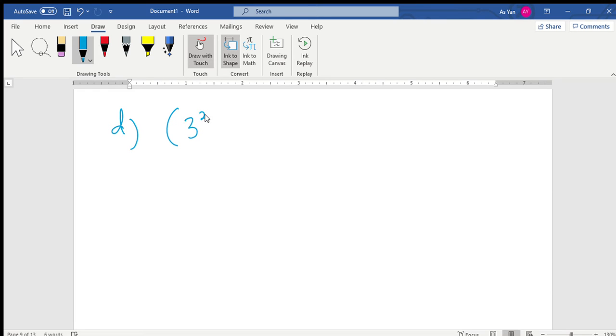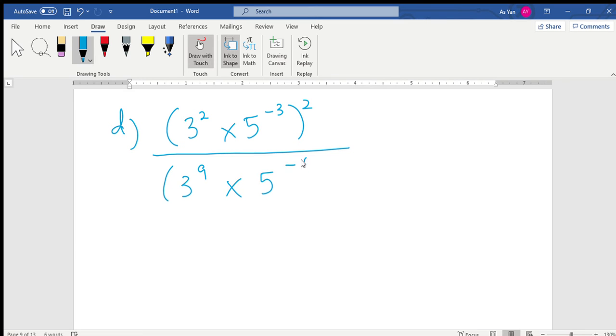3 squared times 5 to the power of negative 3, raised to the power of 2, divided by 3 to the power of 9 times 5 to the power of negative 12, raised to the power of 1 over 3. So 3 to the power of 2, 2 times 2 is 4, so 3 to the power of 4 times 5 to the power of negative 6, negative 3 times 2.